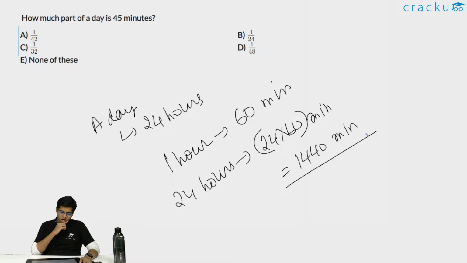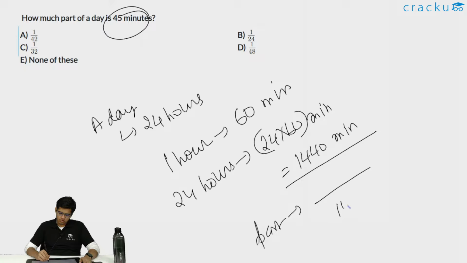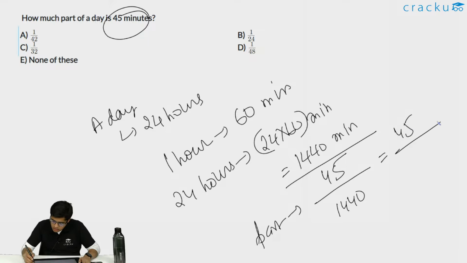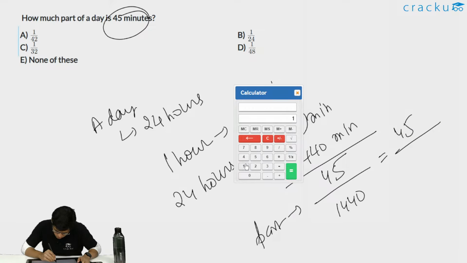So I have to tell how much part of a day is 45 minutes. So what will be the part? The part will be basically out of 1440. I have to deal with 45 minutes, right? So it is basically 45 by 1440. Now if you see 1440, if I divide by 45, it is 32.